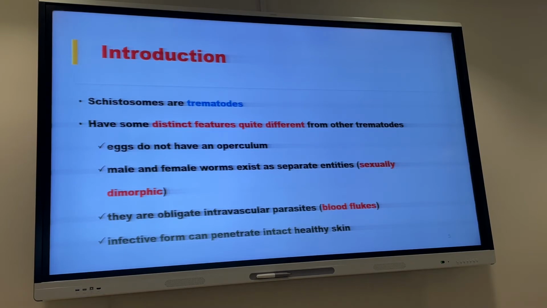Schistosomes are trematodes. From POD, what do you recall? What are trematodes? That's one segment, sir. Okay, one segment, at least we are moving some. They're flat? They are flat, very good. Leaf-shaped? Very good.